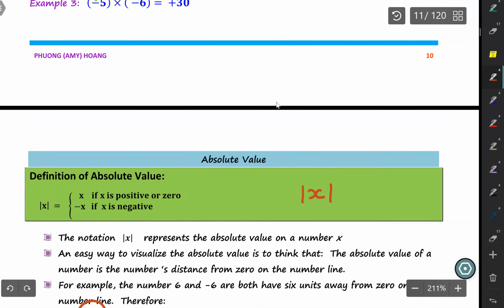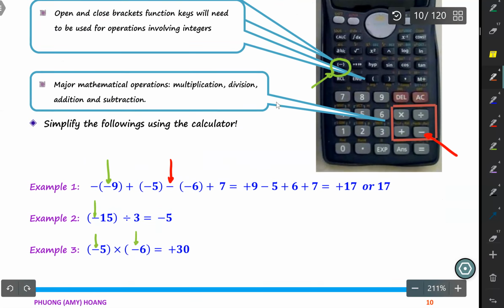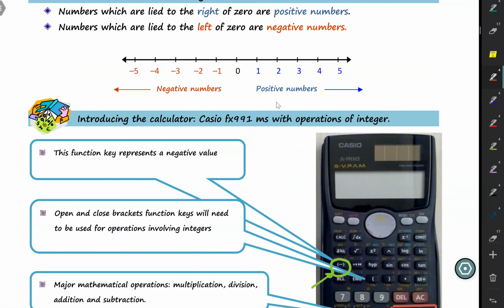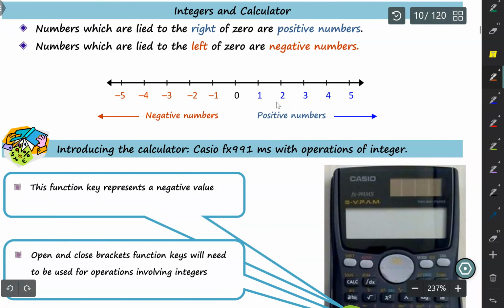Let's go back to our number line, on the integers that we have. What I want to present is the distance from 0. Let's say I have 5. The absolute value of 5 presents the distance of 5 away from 0.